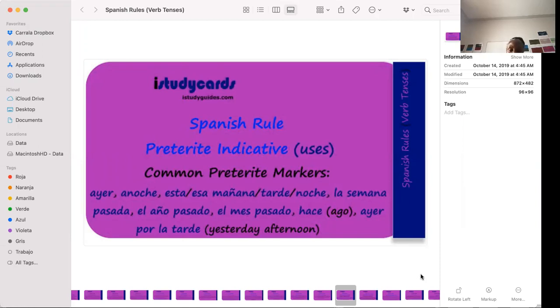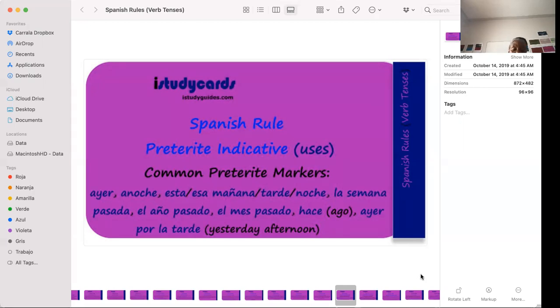So first of all, when we're talking about uses, let's first see how we can recognize it. These are some common preterite markers. This will help you with your vocabulary also. You can look them up. Ayer, I'll give you one. Ayer en la noche. Ayer is yesterday, anoche is last night. Esta or esa mañana, tarde, noche.